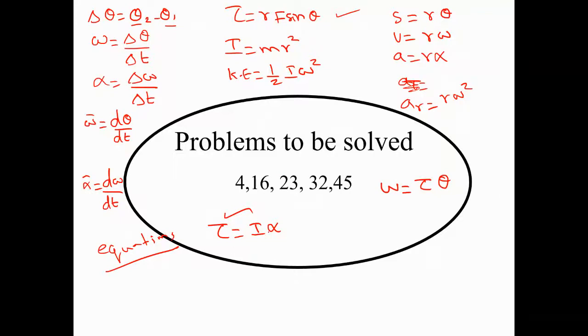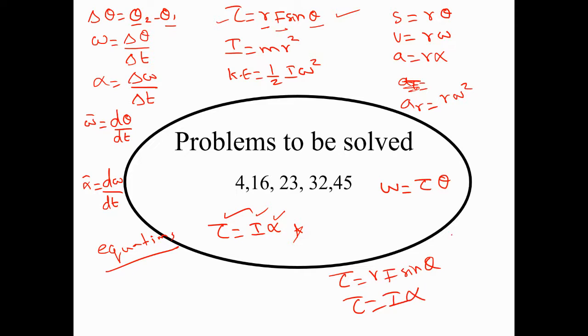Brother, if you have a question in which they give the moment of inertia and the angular acceleration, you have to use this formula, okay? If the question is related to some angle, radius and applied force, then you have to use the other. Both formulas are related to the torque tau: torque tau equal to R F sin theta, and torque tau equal to I alpha.